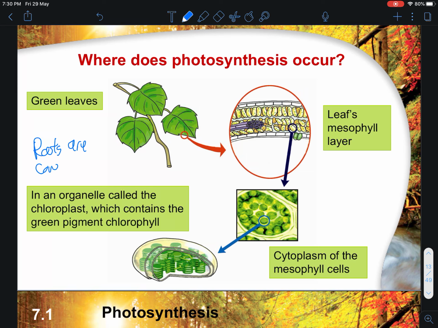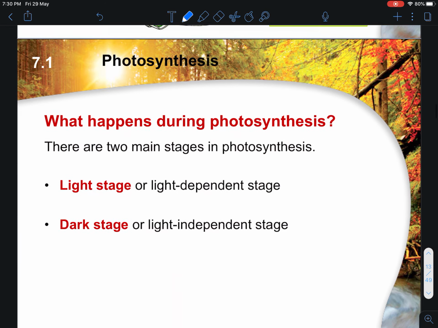Hence, your root hair cells also do not contain chloroplast, so they cannot undergo photosynthesis. However, the green leaf contains chloroplast, which contains the green pigment chlorophyll, and these are responsible for photosynthesis. Later we will study that there are two main layers where photosynthesis can occur: the palisade mesophyll cells and the spongy mesophyll cells layer.